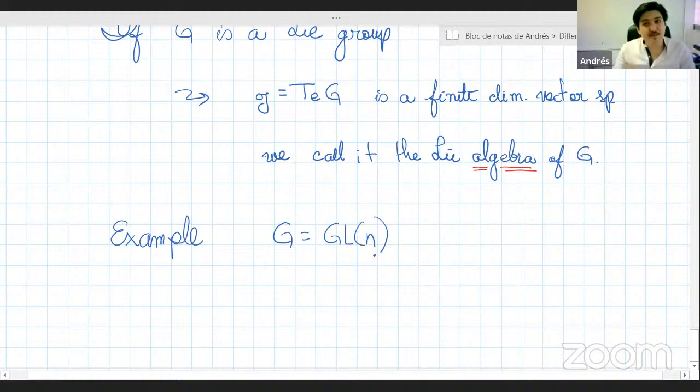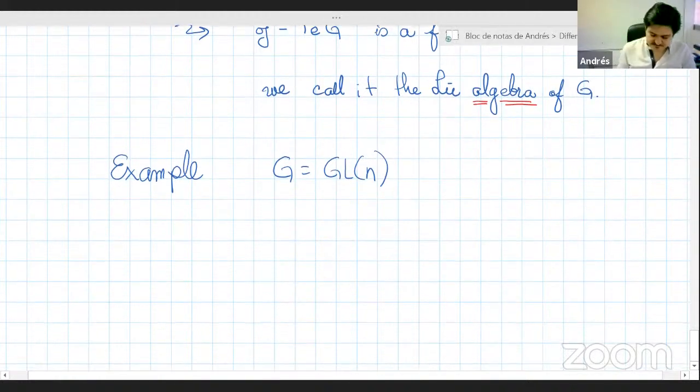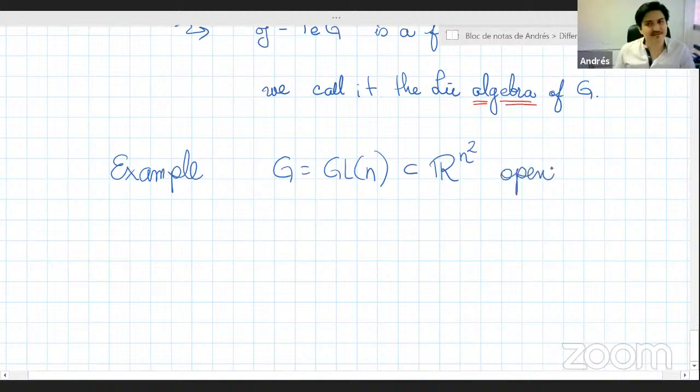We have seen that this is a Lie group. In fact, this is an open set. Remember that? Now, in an open space in Rn, the tangent space is this.